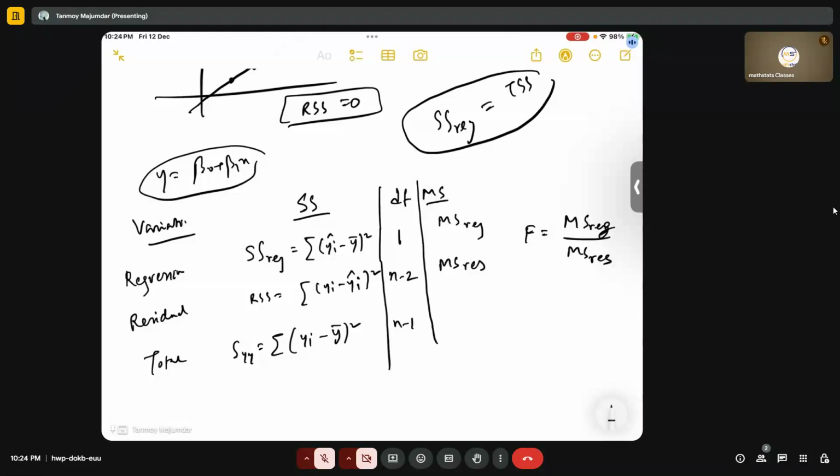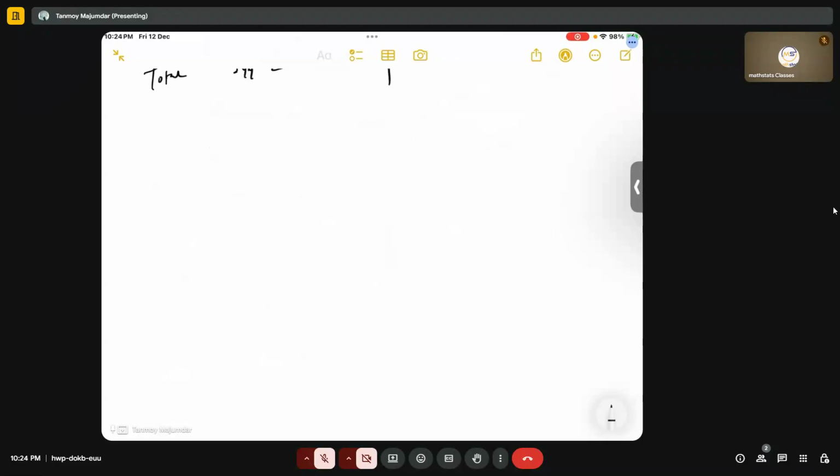There is one more thing to discuss about our overall model, that is called the goodness of fit, or you can use the R square. So R square, I hope everyone has heard of it. R square is nothing but the square of the correlation.